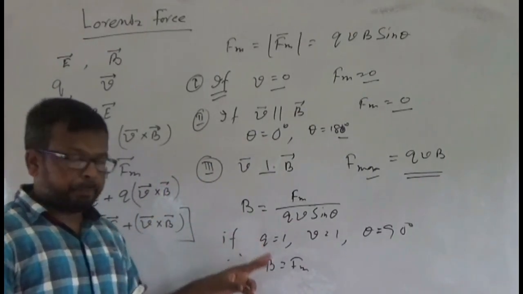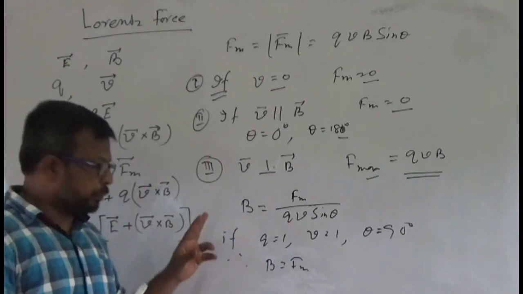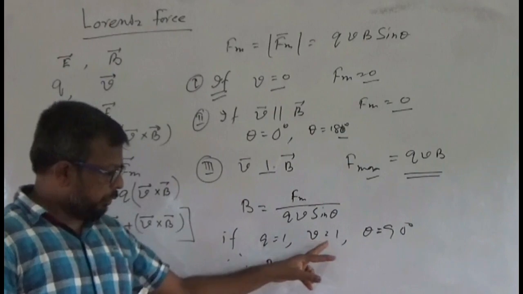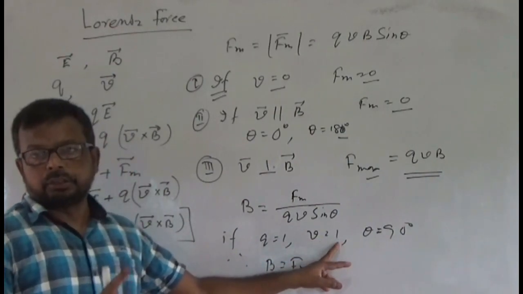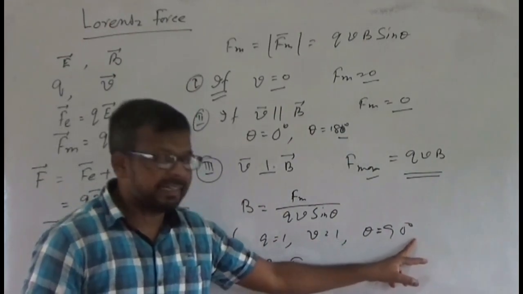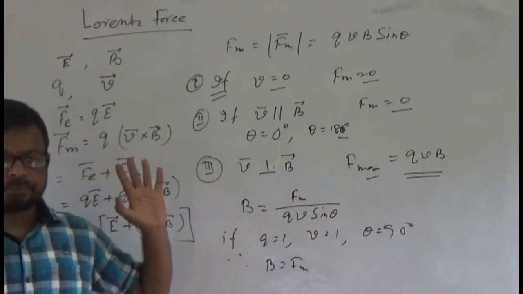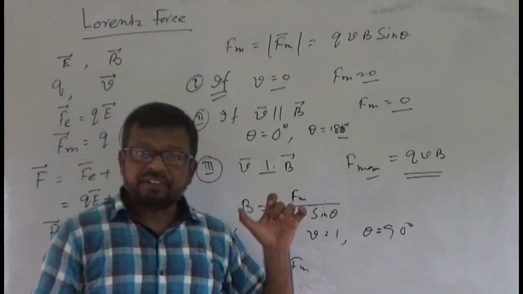Magnetic field at a point may be defined as the magnetic force experienced by a unit charge moving with unit velocity at right angle to the direction of the magnetic field. Is it clear? This is the definition of magnetic field.